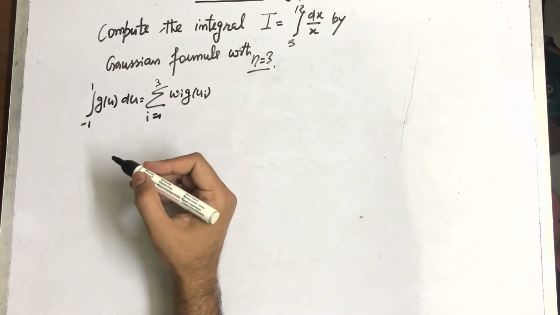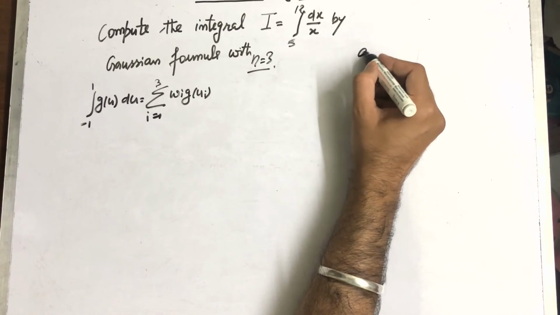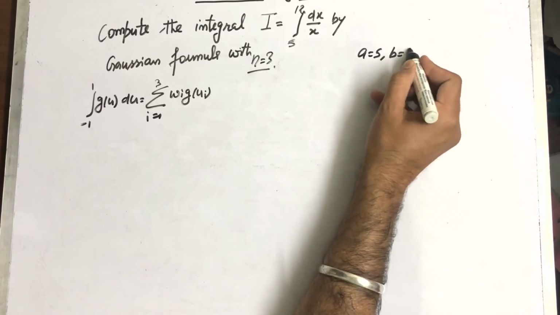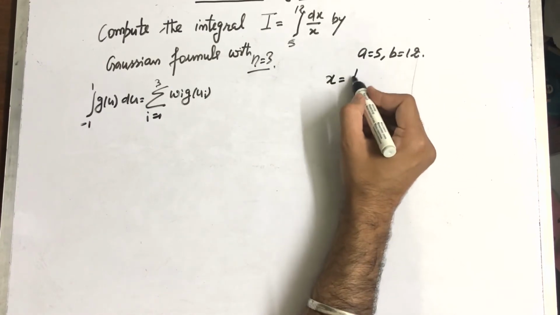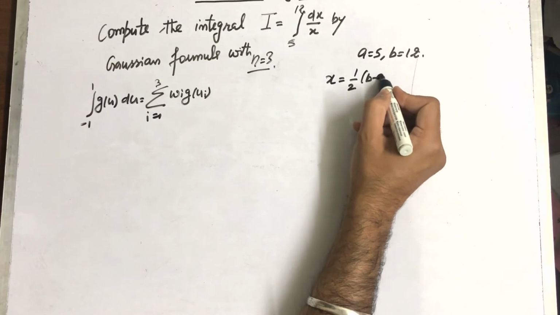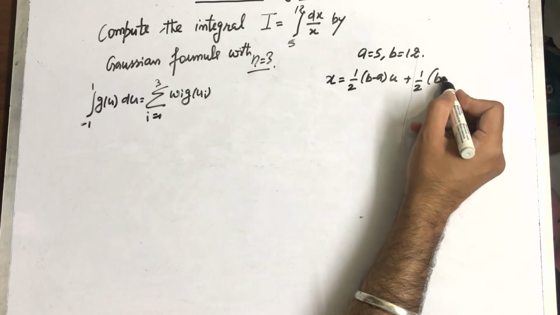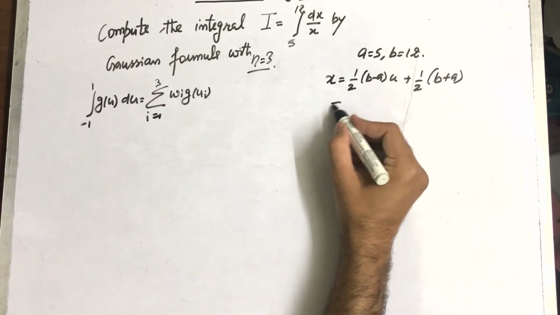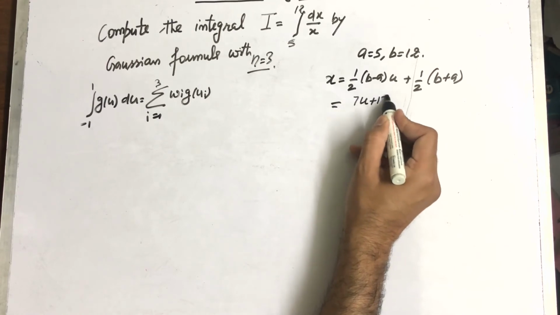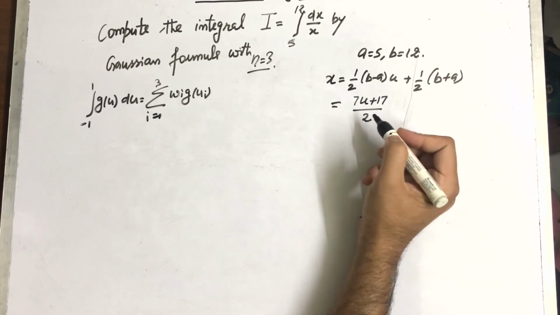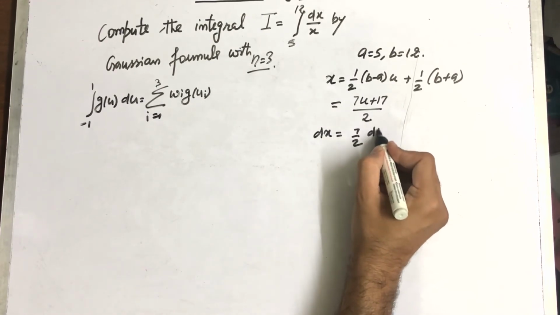For that, we use the transformation formula, and here you see we have a is equal to 5 and b is equal to 12. So using the transformation formula, that is x equals 1 upon 2 (b minus a) times u plus 1 upon 2 (b plus a). When we put these values, it will be 7u plus 17 by 2, and very easily dx is 7 by 2 du.